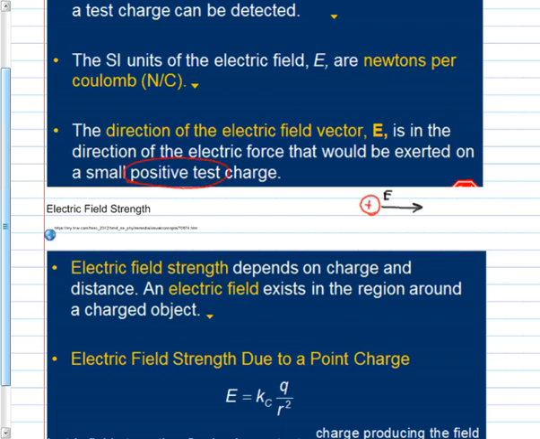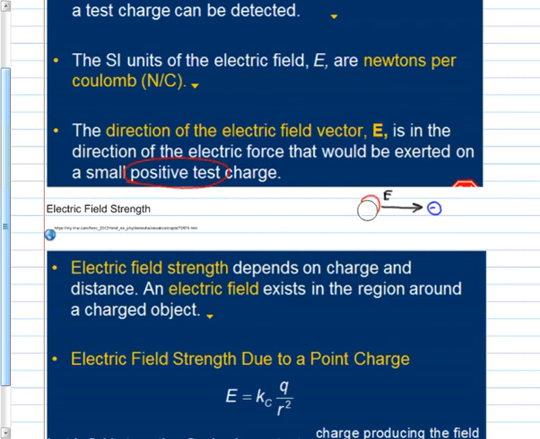And what direction would a negative charge be moving? Towards that positive charge, or I guess I should have drawn it a little better, towards the left, not towards the right. So the direction of the electric field is the direction that a positive charge will move.